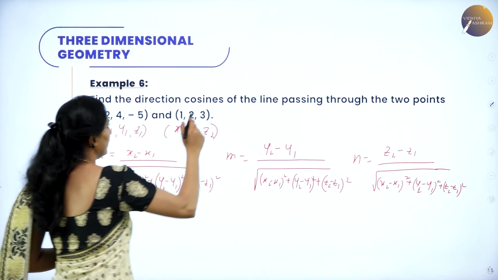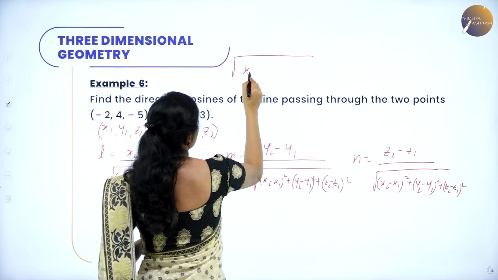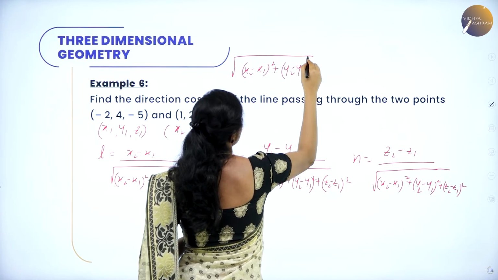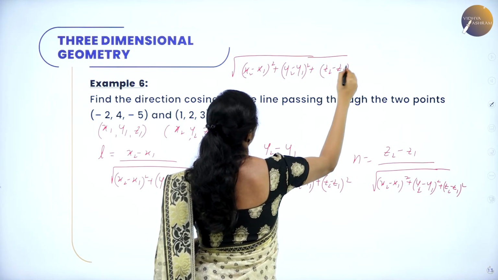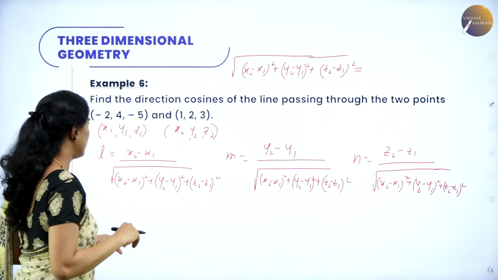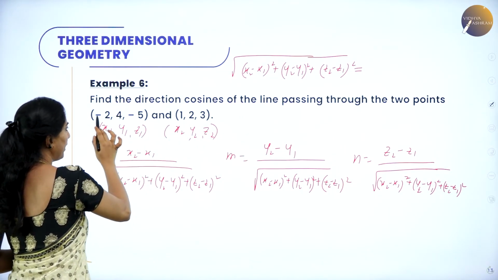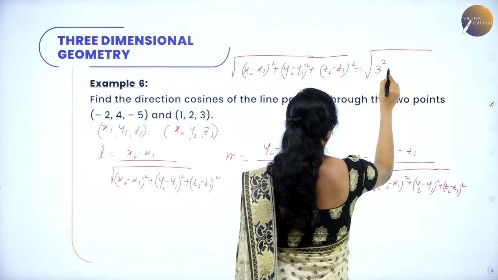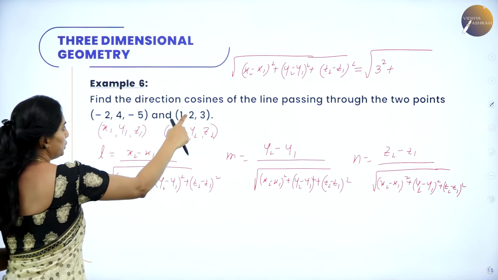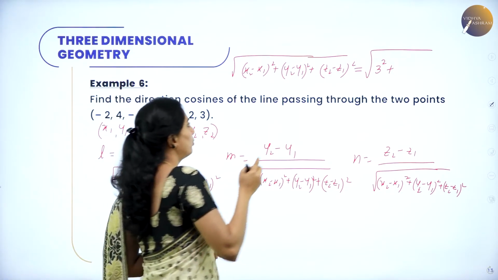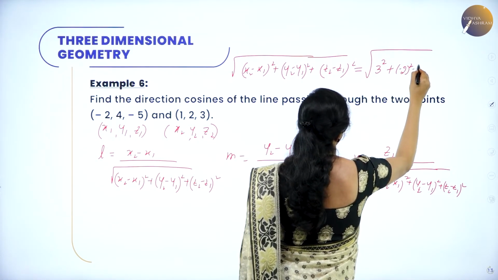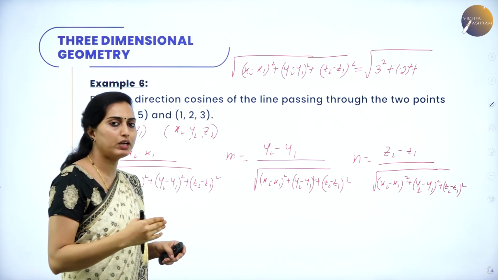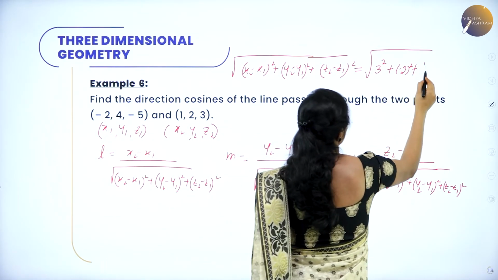Next, let us first calculate the square root of x2 minus x1 whole squared plus y2 minus y1 whole squared plus z2 minus z1 whole squared. It is easier to substitute, right? x2 minus x1 is 1 minus of minus 2, which is 3, so 3 squared, plus y2 minus y1, 2 minus 4, which is minus 2, so minus 2 whole squared, plus z2 minus z1, 3 minus of minus 5, which is 3 plus 5, that is 8, so 8 squared.